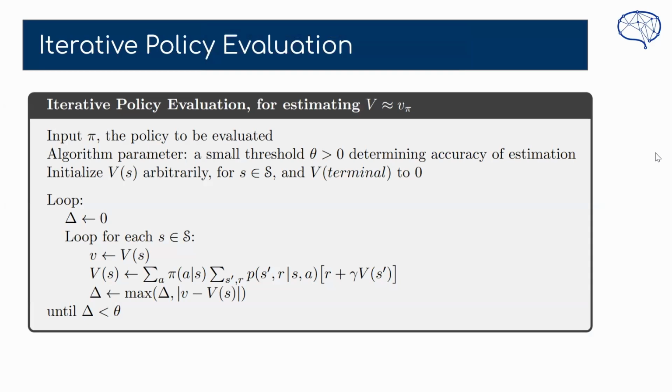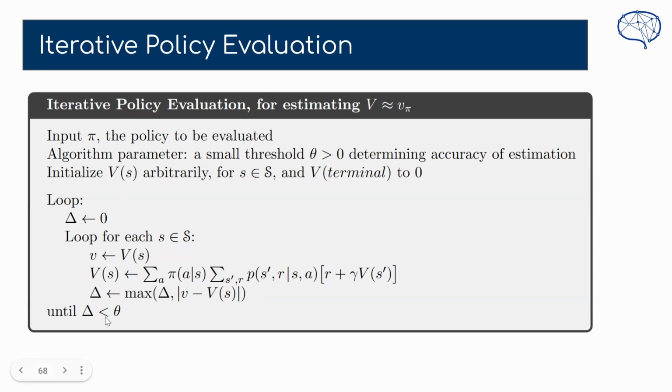So this is kind of like the pseudocode of how policy evaluation works. Again, we're determining how good our current policy is. First things first, you have a policy that you need to evaluate, and then every single iteration, you keep track of how much your values change by, and if they change by a small enough amount, then you're good.